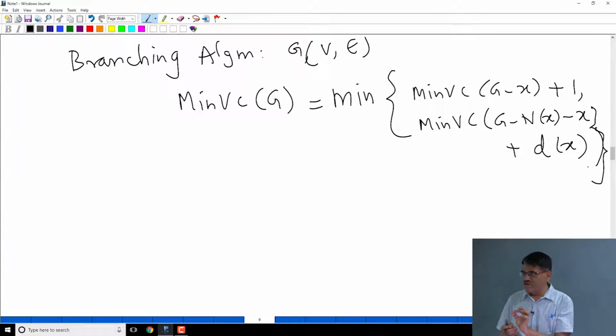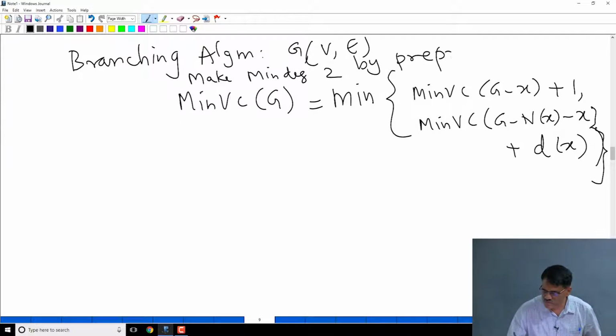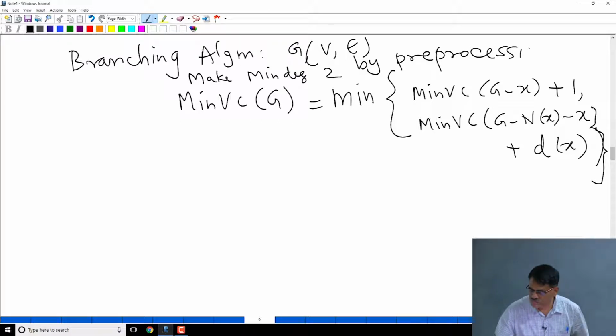If x is degree 1, then what have I done? I would have even pre-processed it, so I wouldn't even come there. So let's say we make the minimum degree 2 by pre-processing.